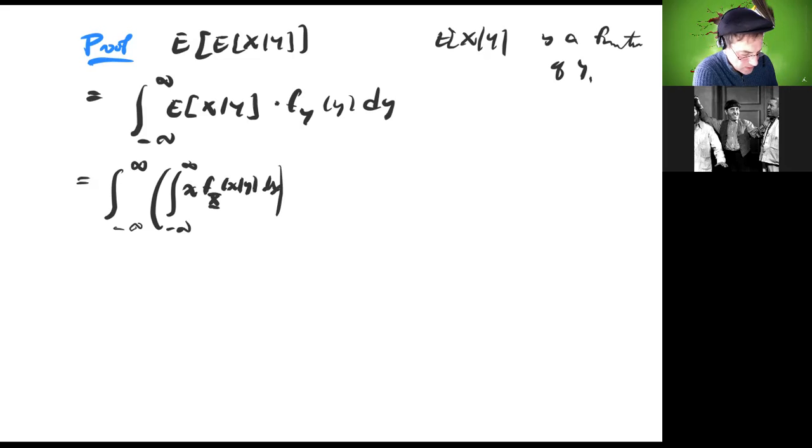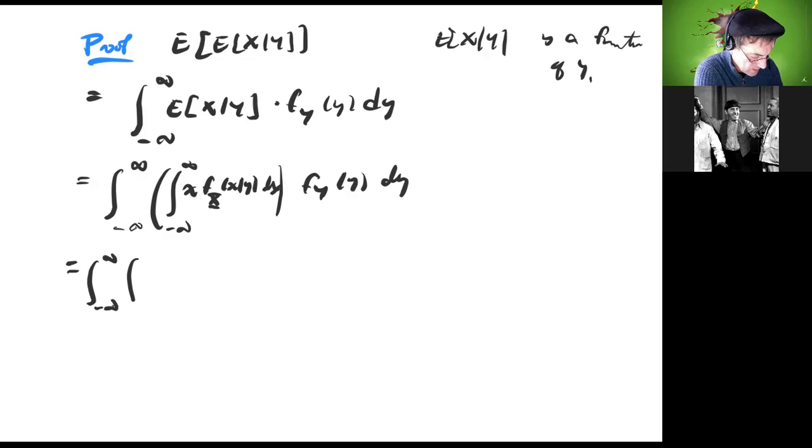So that's what it is, and then we have to multiply this by f_Y(y) dy. Okay, so now we have to rewrite this somehow. One way to rewrite this, and I want to bring the dx out, this becomes the double integral from minus infinity to infinity. If we multiply this with this, what do we get? We get the joint density function.